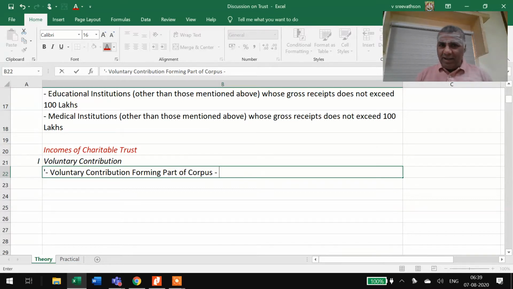Because there is no shareholder or owner, every contributory is like an owner and contributes it as capital. Voluntary contribution forming part of a corpus. Under that, put a small arrow and write: not to be treated as income.